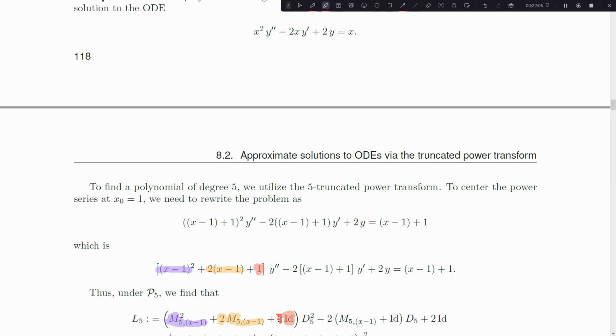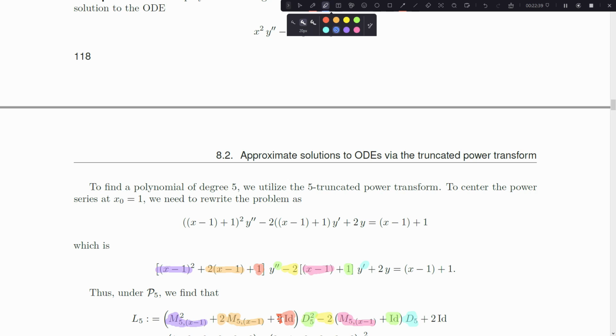And then what is two derivatives? Two derivatives we represent as the derivative matrix squared. Similarly, I represent multiplication by -2 is still multiplication by -2. I can say multiplication by x minus 1 is precisely multiplication by x minus 1. And once again, multiplication by 1 is the identity. A derivative is the derivative matrix.